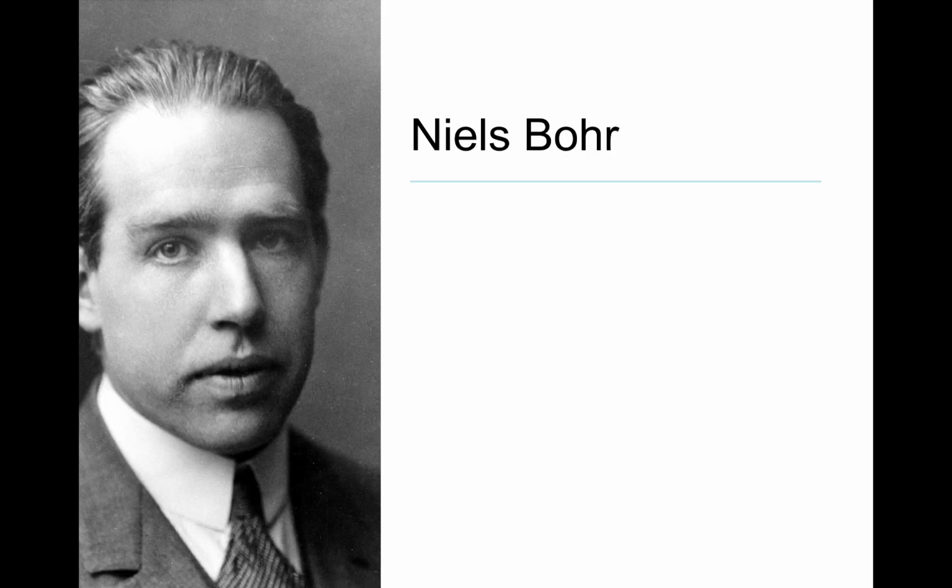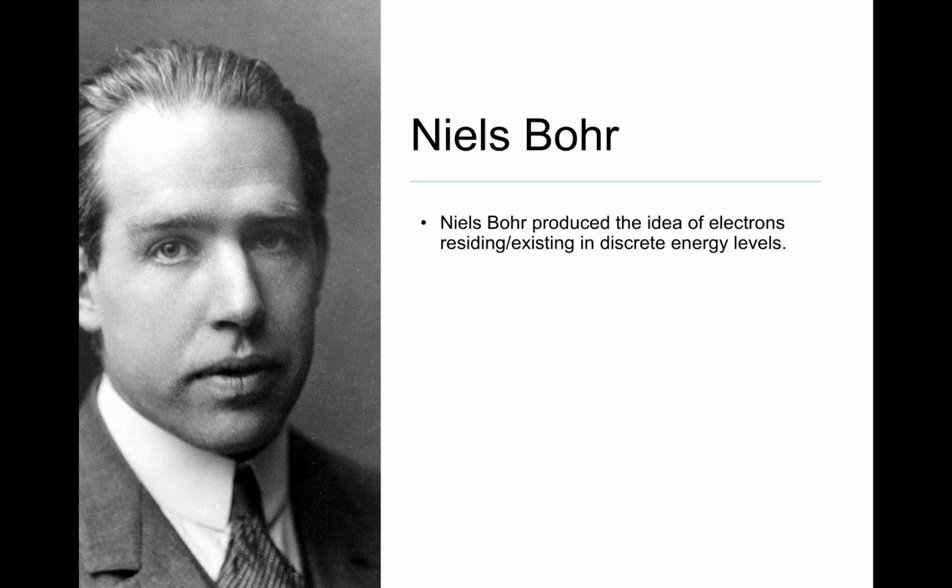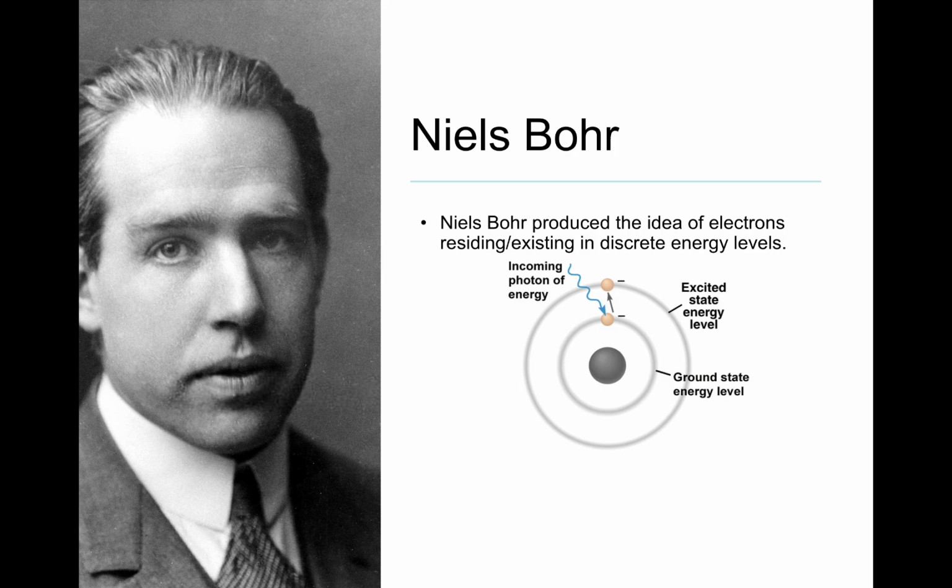Niels Bohr. Niels Bohr produced the idea of electrons existing in discrete energy levels. You do energy levels in chemistry, or they call them energy shells. Shells and levels are basically the same thing. What you need to know for your exam is that you can get incoming photons of energy.